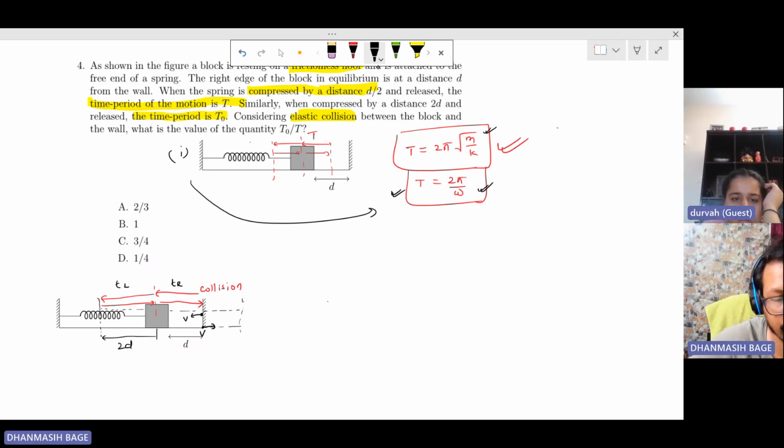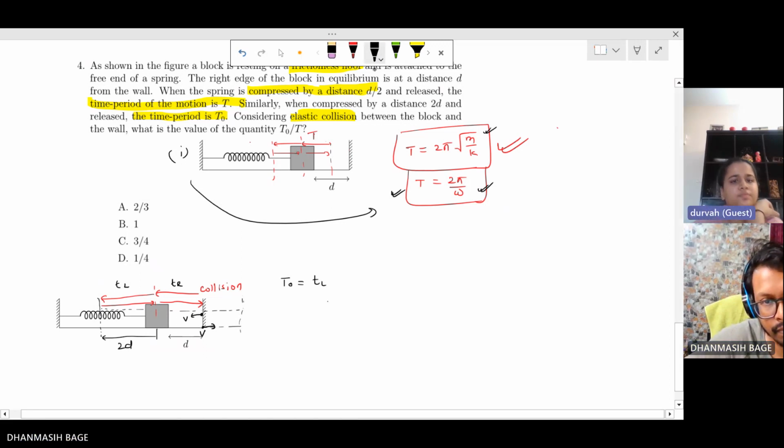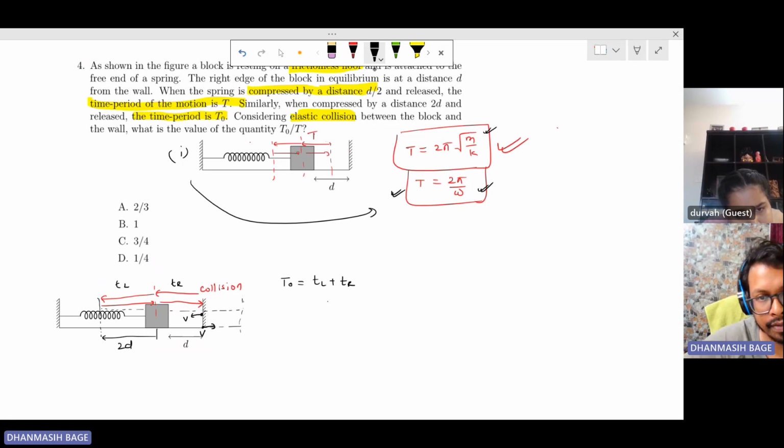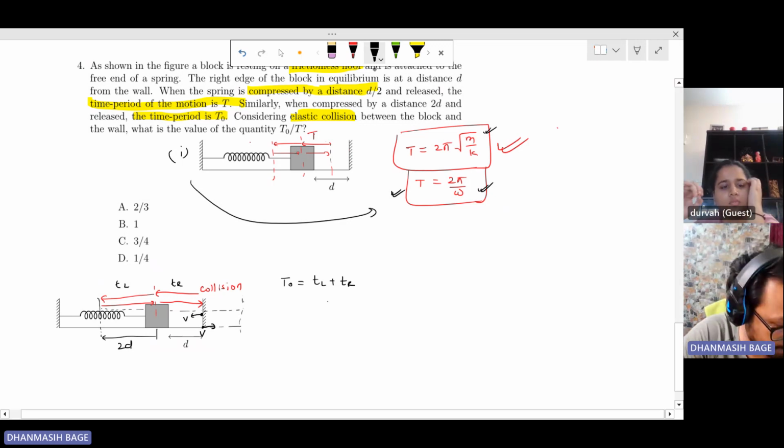So in this case, T naught will be equal to TL plus TR, right? Simple. Yes, sir. TL plus TR. Now, there's one thing we have to do here.